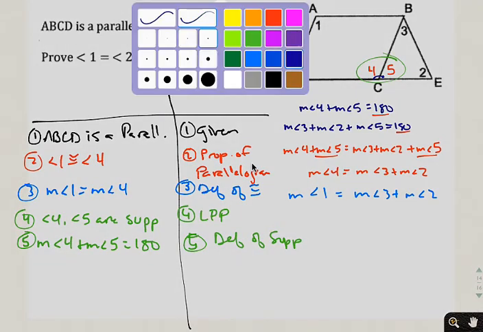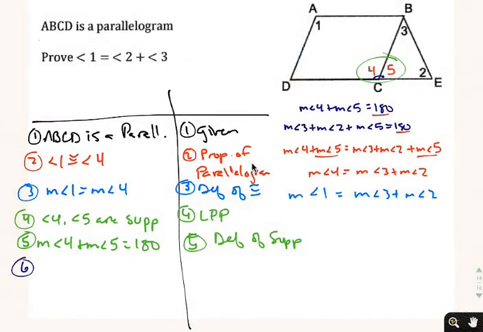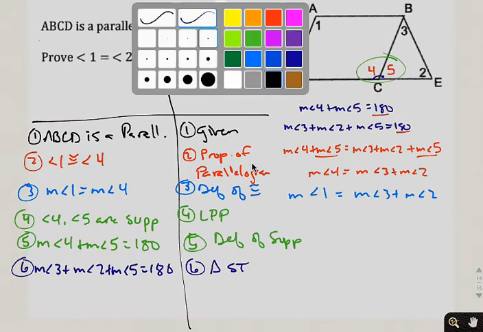Alright, we're cooking with gas now. I can now bring in the fact that the measure of angle 3 plus the measure of angle 2 plus the measure of angle 5 equals 180 degrees. And that's because of the triangle sum theorem. And now I can start transitioning these pieces together.